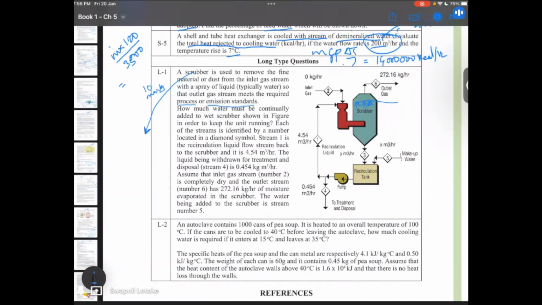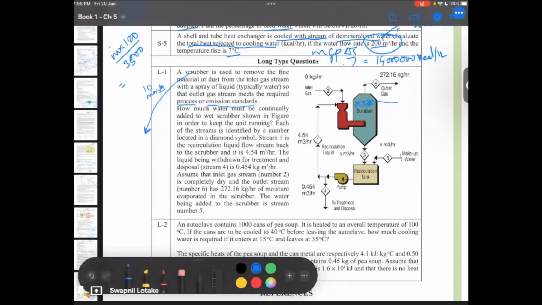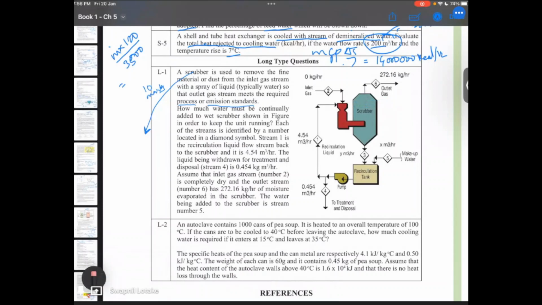Now here we have a problem where we need to find out how much water we need to continuously add to the wet scrubber from outside, which is called makeup water, so that the unit keeps running and keeps on removing the dust particles.